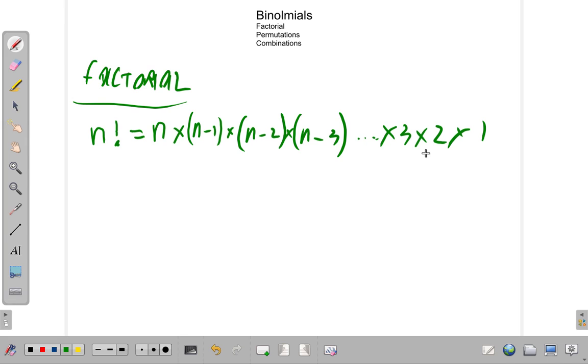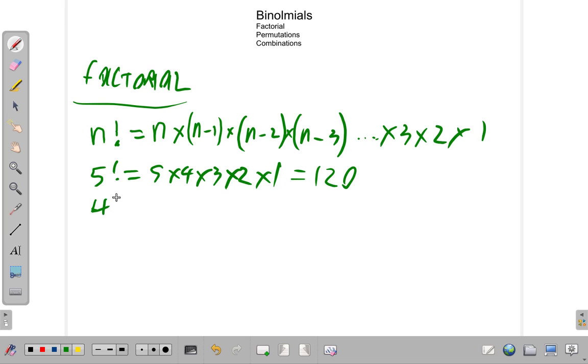All right? So, for example, what is 5 factorial? 5 factorial is equal to 5 by 4 by 3 by 2 by 1. What would this happen to be now? 5 4 is 20, 20 3 is 60, 60 2 is 120, times 1 is 120. 4 factorial would be 4 by 3 by 2 by 1, which is 4 3 is 12, 12 2 is 24.